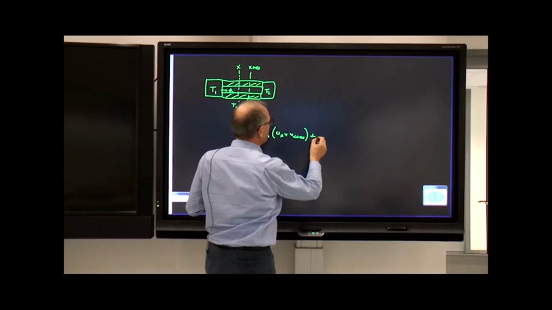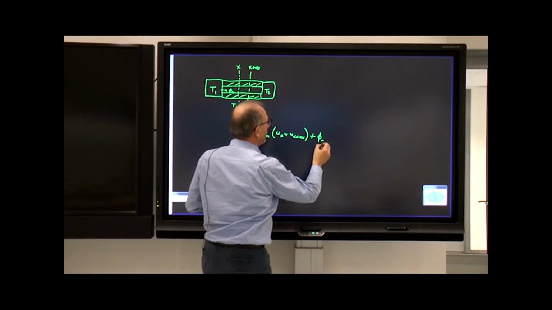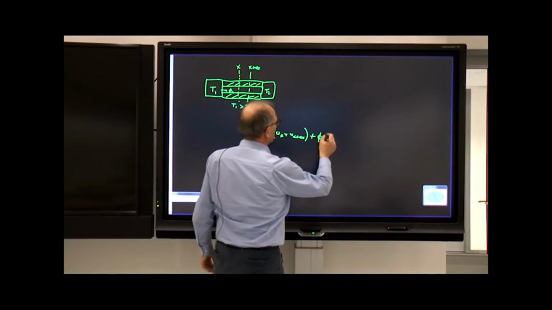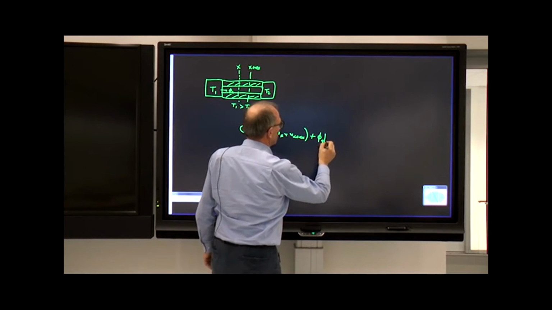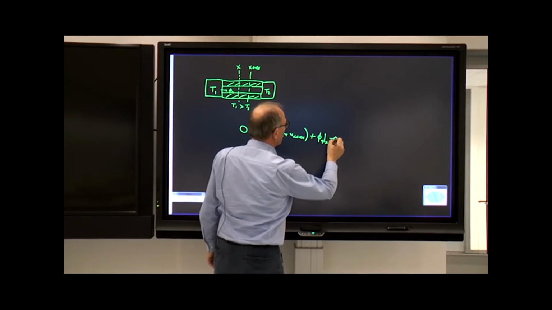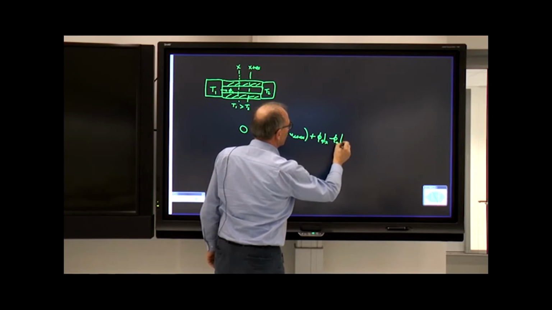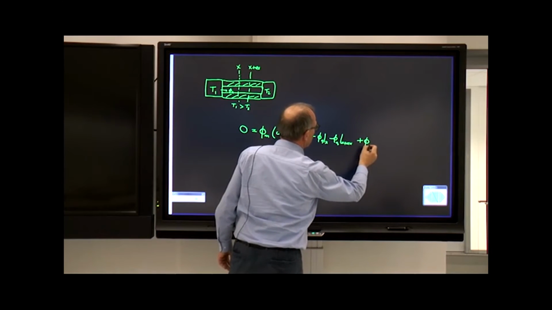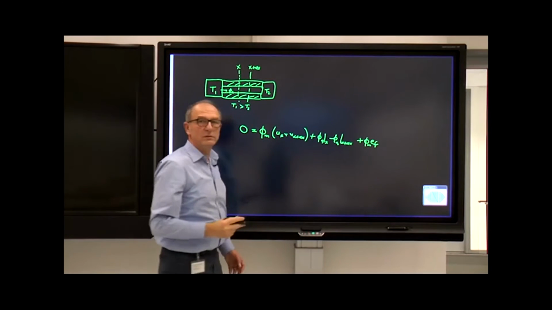plus the phi q, which is going from x minus phi q at x plus dx plus the mass flow rate, well, the energy dissipation by friction.